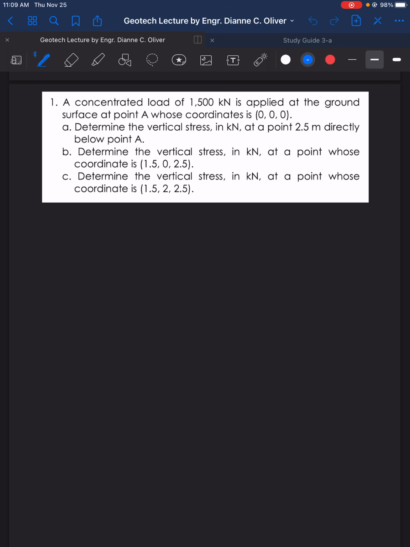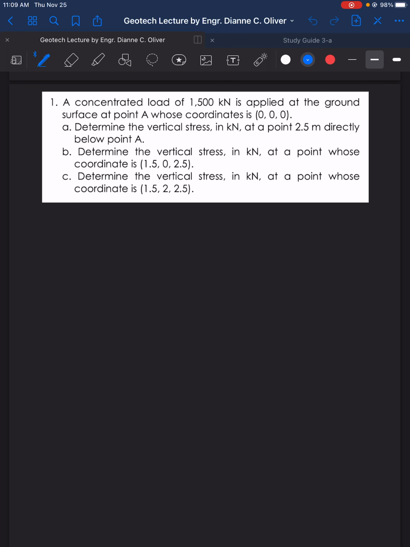The first one: a concentrated load of 1,500 kilonewton is applied at the ground surface at point A, whose coordinates are 0, 0, 0. Letter A, determine the vertical stress in kilonewton at a point 2.5 meters directly below point A. Letter B, determine the vertical stress in kilonewton at a point whose coordinate is 1.5, 0, 2.5.